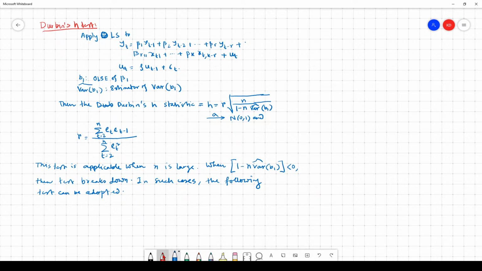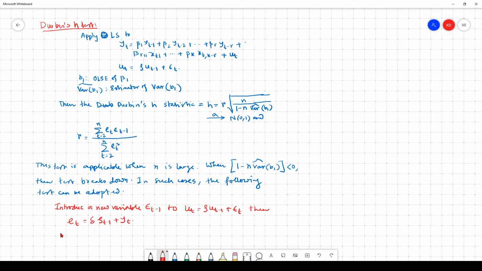Introduce a new variable epsilon_{t-1}, with u_t equal to rho u_{t-1} plus epsilon_t. Then u_t equals rho delta y_{t-1}.